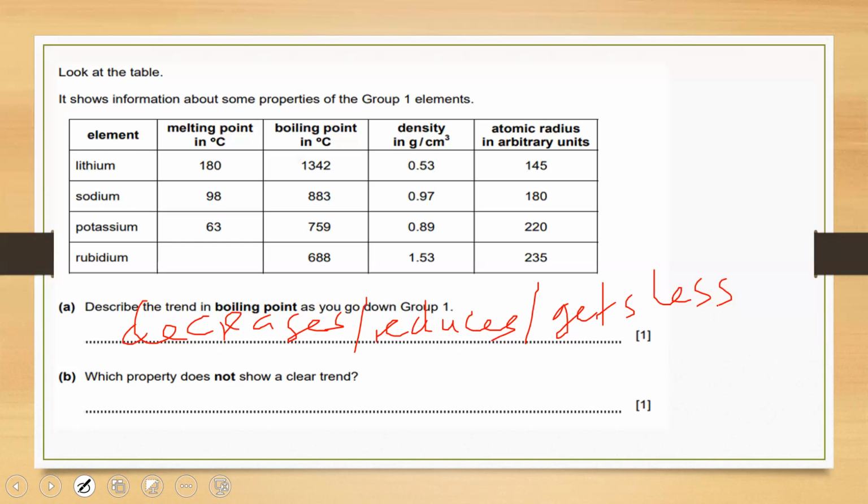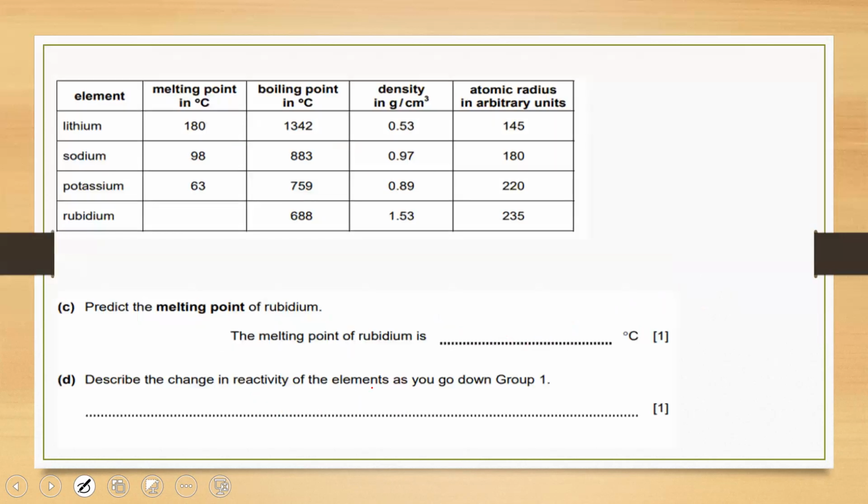That increases down the group. So density is the one that does not follow a particular trend, because it increases, decreases, and increases. Melting point decreases all along, boiling point decreases as well, and atomic radius increases.